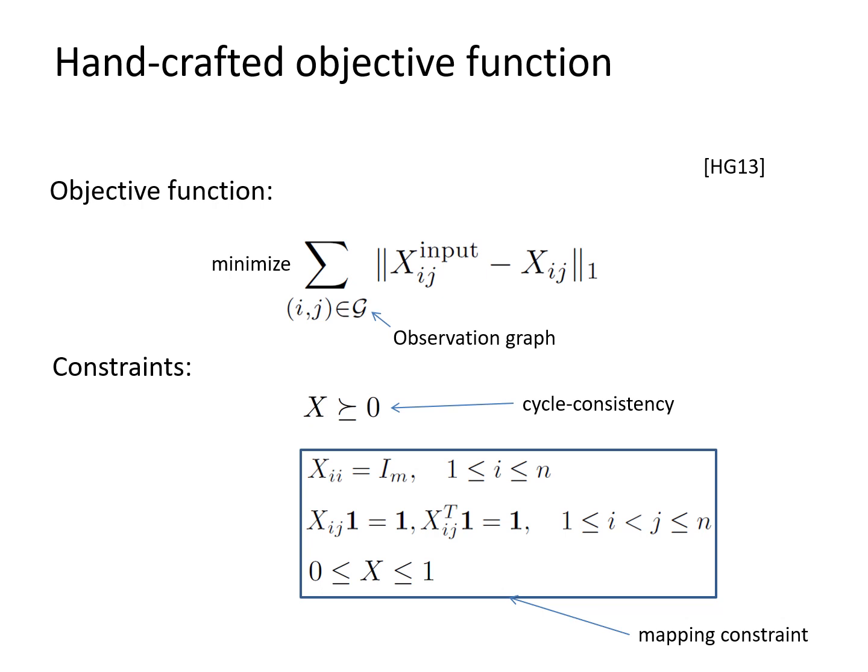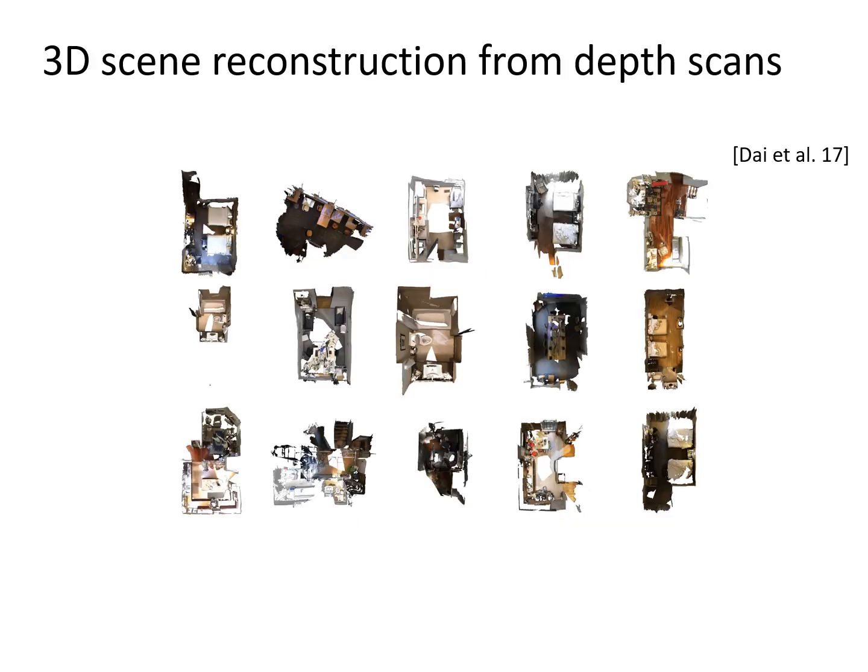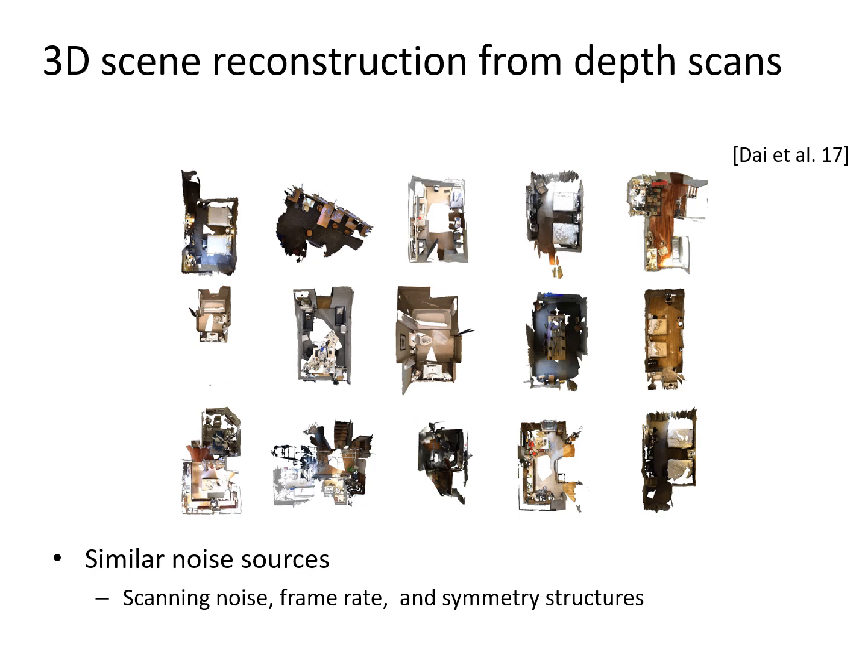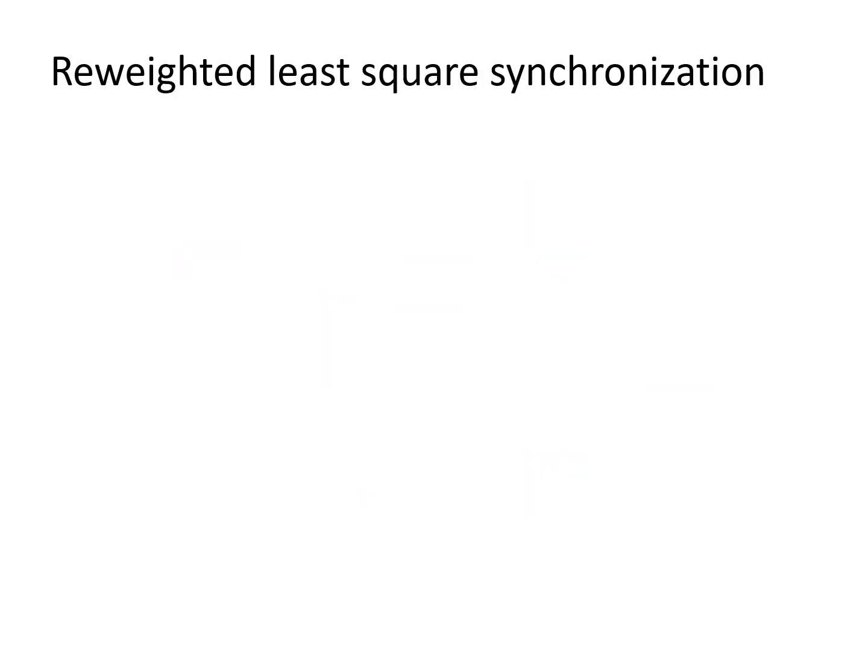Then we actually don't know. The question here is, can we actually learn? For some specific applications such as 3D scene reconstruction from depth scans, the noise pattern may be persistent between the training set and testing set. So this motivates us to derive the so-called learning approach.